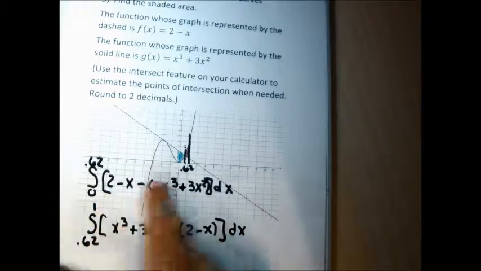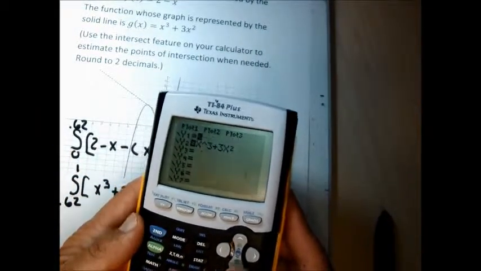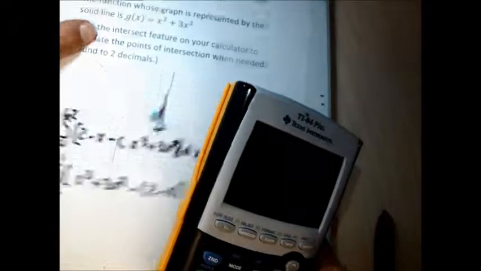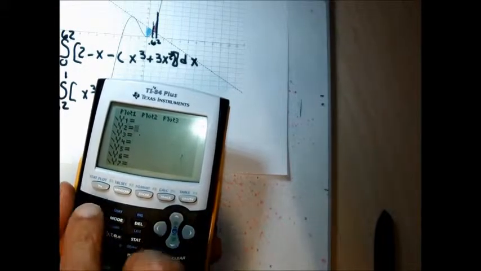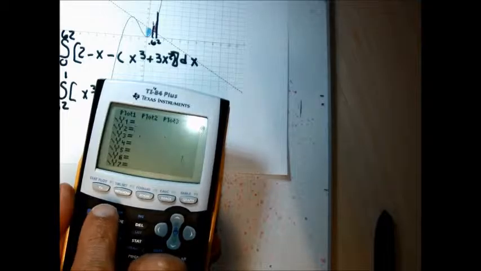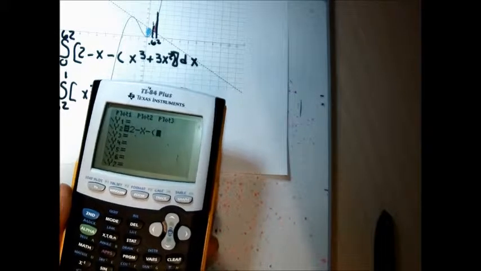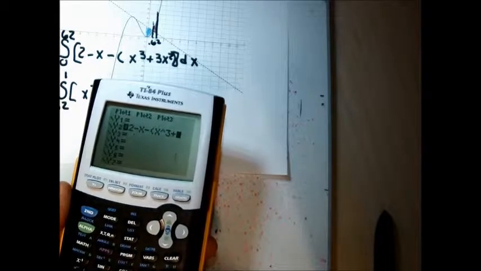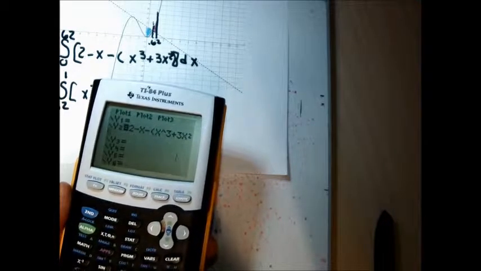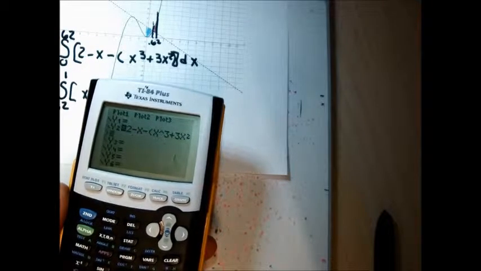So let me be lazy with problem 9 and go y equals, clear, clear. And I'm going to enter the function y equals 2 minus x minus parentheses x up arrow 3 plus 3x squared. That just saved me the grunge of doing the algebra to combine like terms.